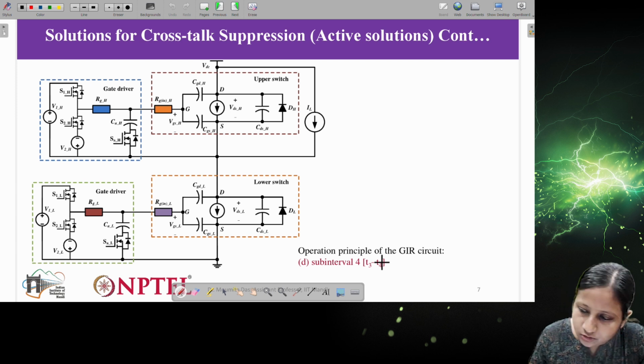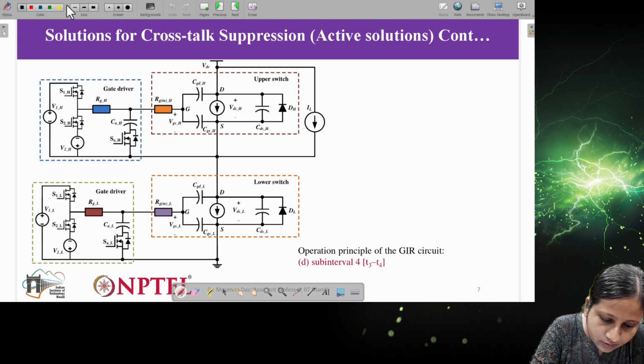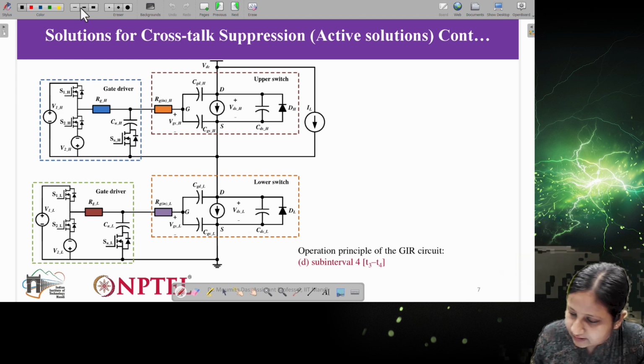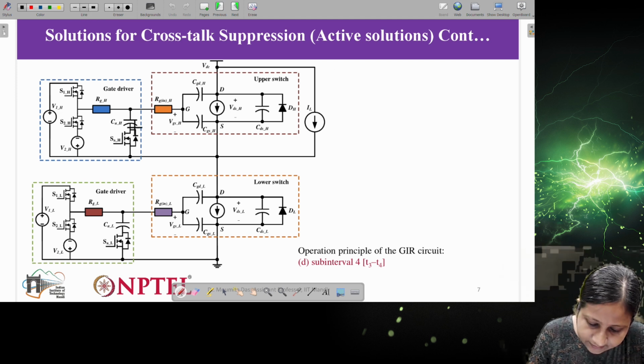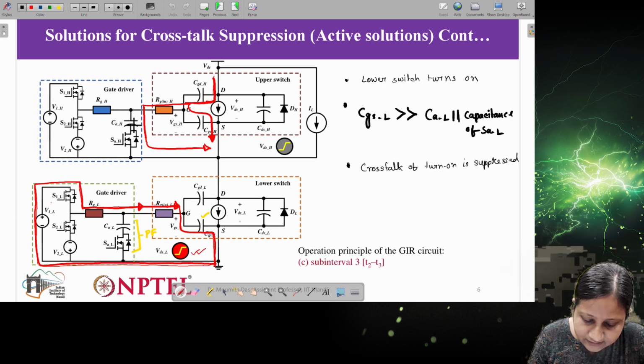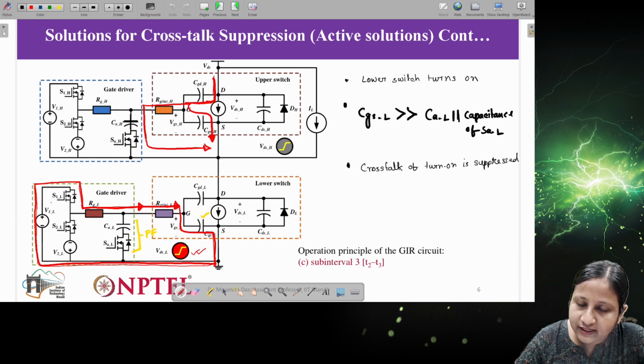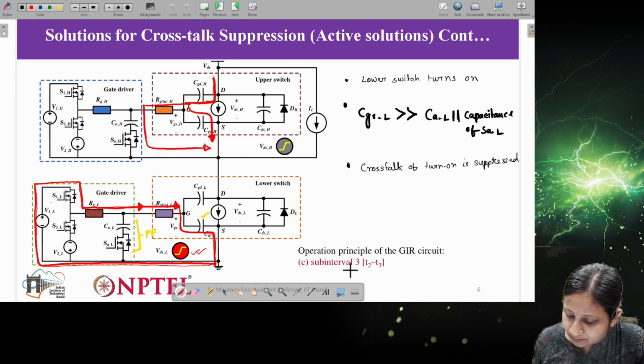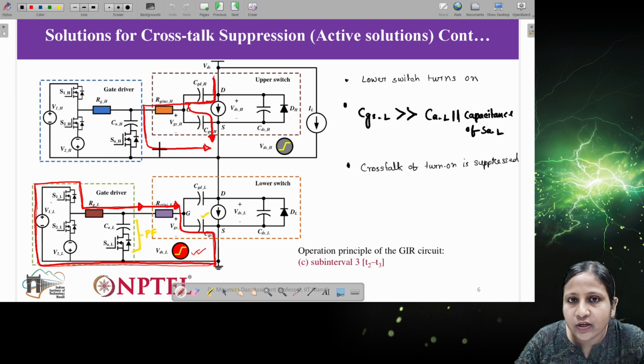During the turn off condition, what we have to consider here is this capacitance. You have seen previously that initially it was charged to the negative voltage, but now the current was flowing in the previous subinterval in the positive direction. So the net effect will cancel each other.